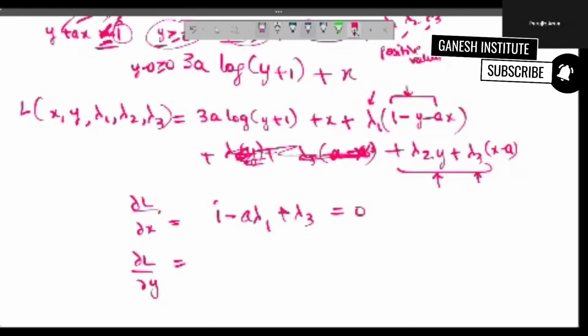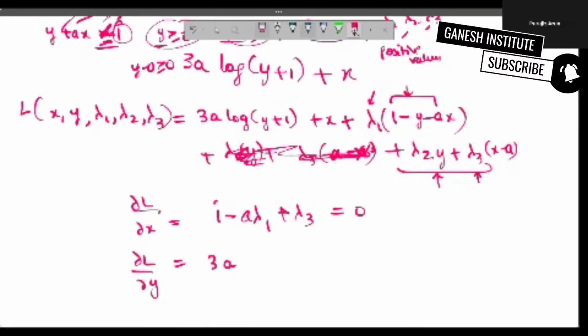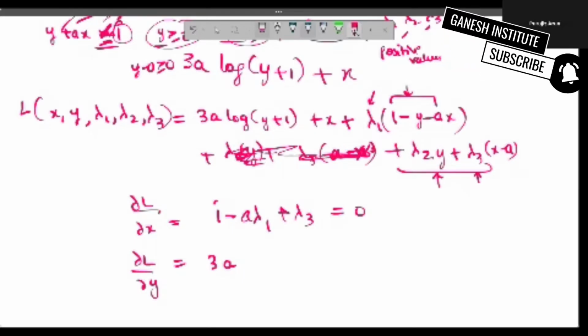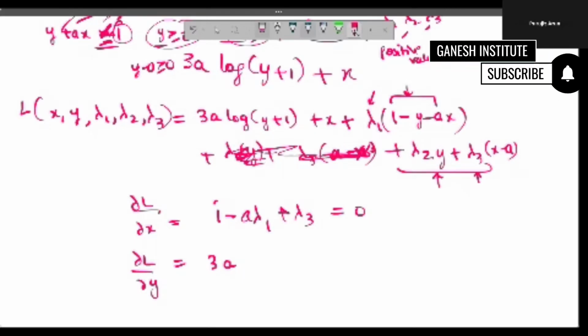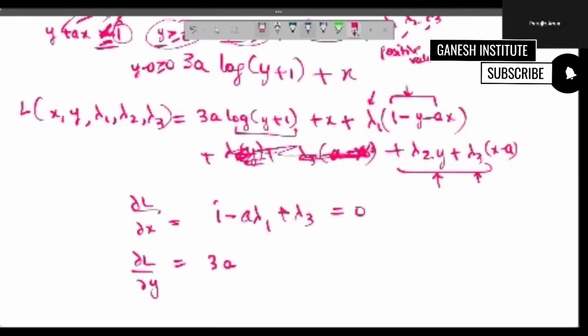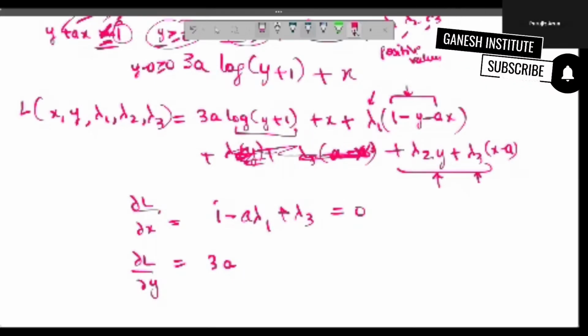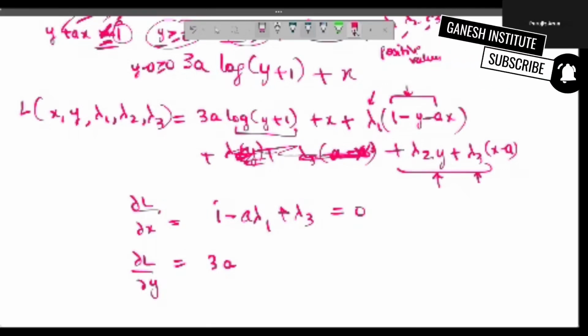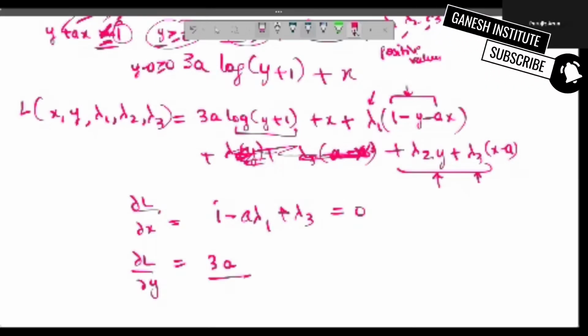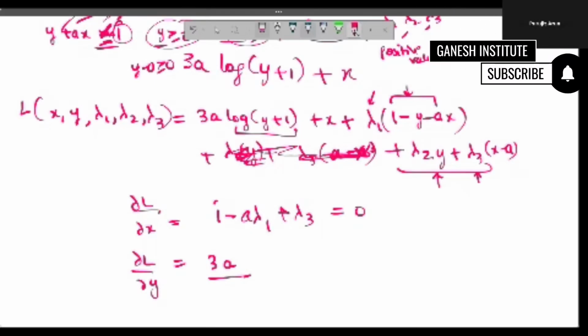Then with respect to y, it's going to be 3a times the derivative of log, which is 1 by x for log x. So it's going to be 1 by 1 plus y, right? Chain rule.